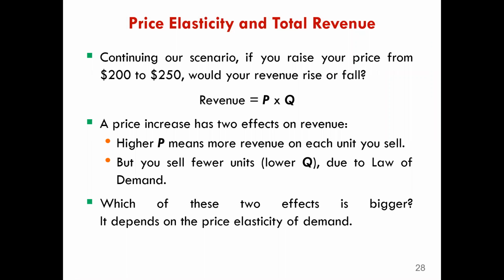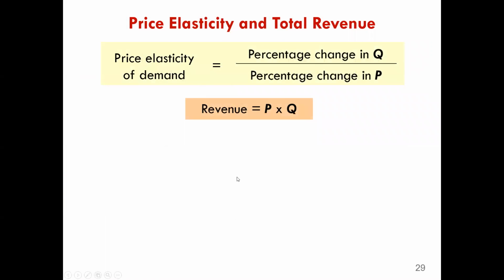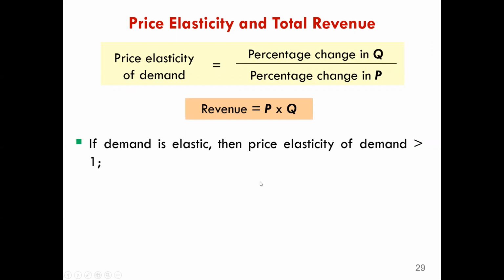And we will realize that it will depend on the price elasticity of demand. So once again, we will compute price elasticity of demand by dividing the percentage change in quantity by the percentage change in price. So let's take the different types of elasticity and analyze. If demand is elastic, then price elasticity of demand is greater than 1.